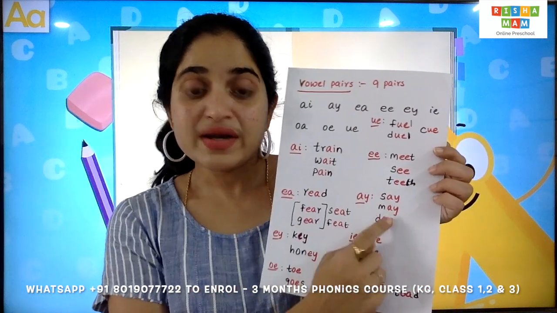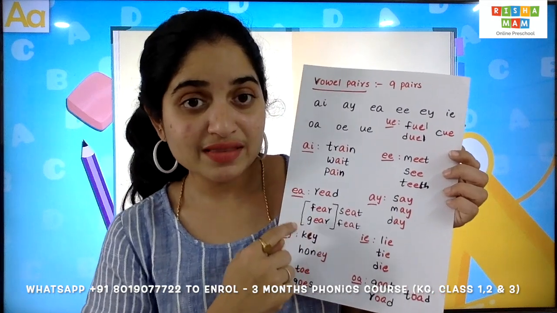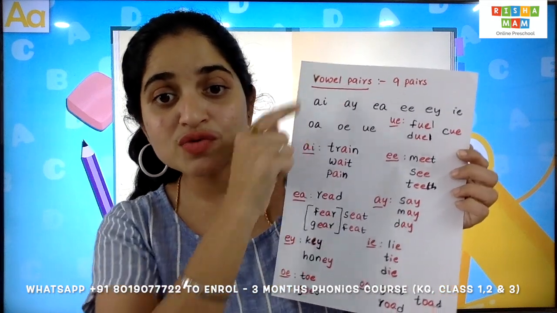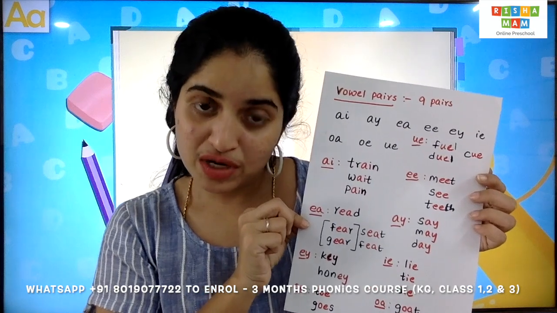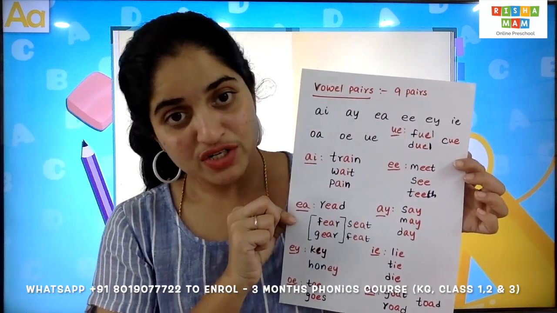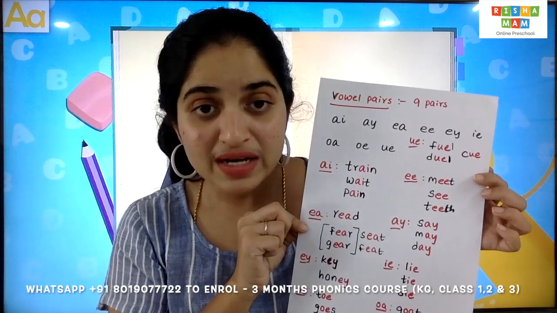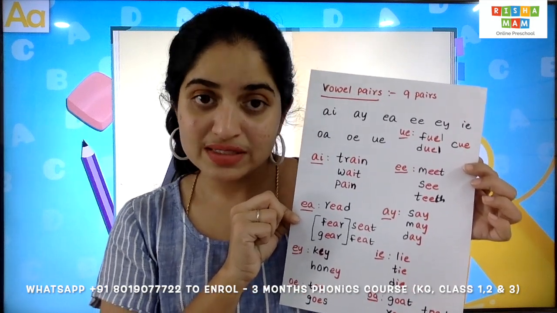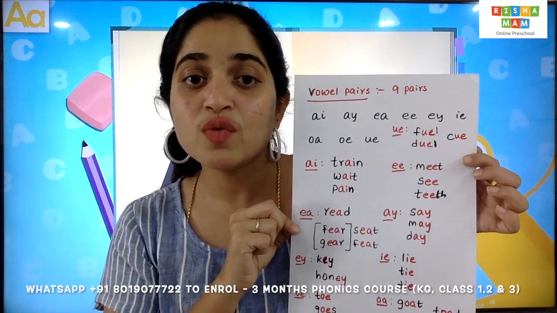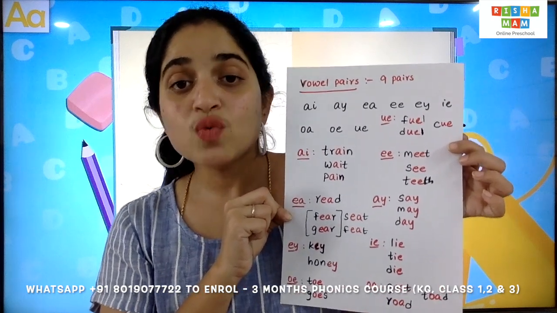Alright children, there are some exceptional words which don't match this rule and have a different rule, which can be explained in new classes, like R-controlled sounds, words ending in R, and so many other rules. Hope today you are very clear with these 9 vowel pairs.